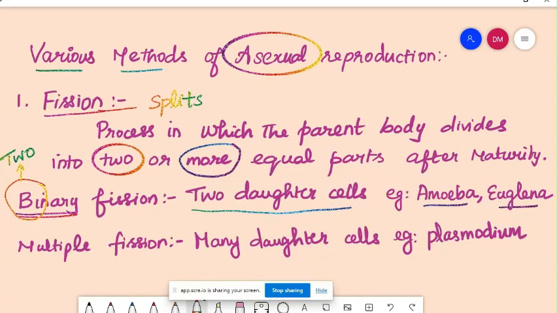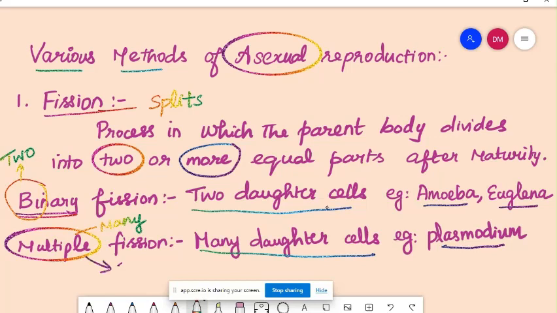Example, amoeba, euglena. Followed by the case where the parent cell divides to form multiple organisms, many organisms. So when the parent cell divides to form many cells, many daughter cells will be formed. Example, plasmodium. Multiple fission normally occurs under unfavorable condition.